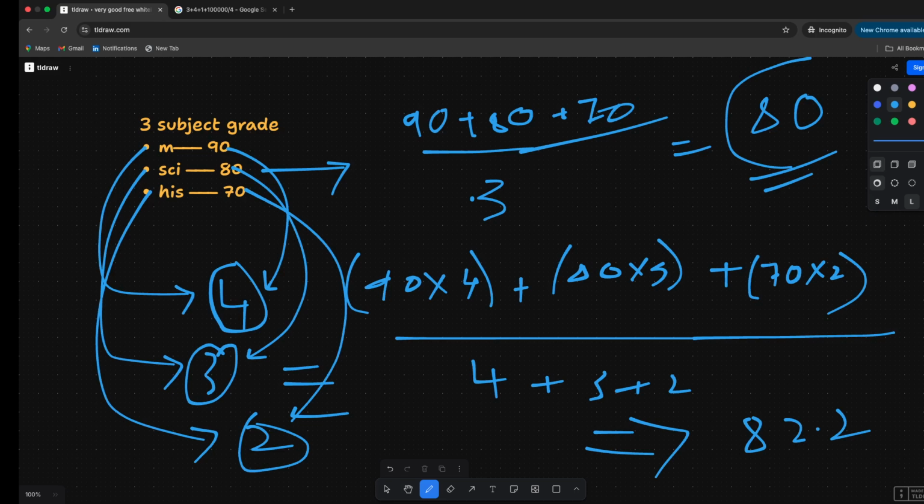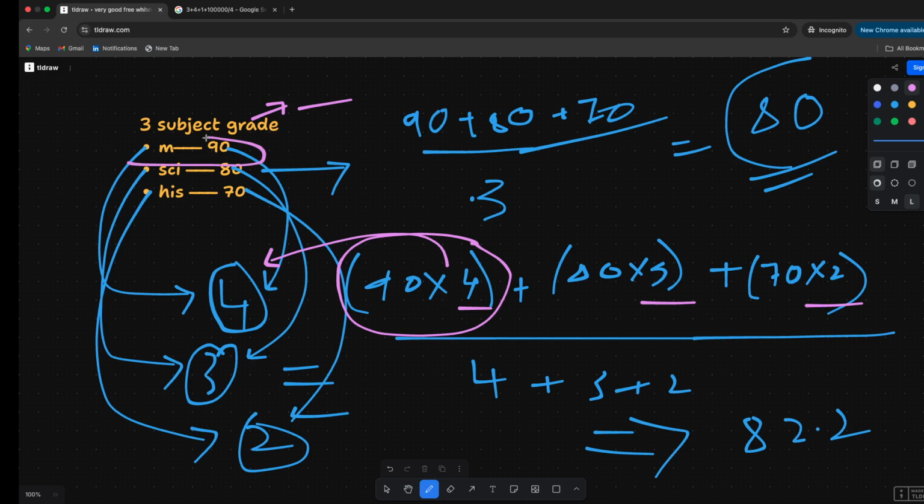Now here you can see that the mean is getting affected by the weights, right? The weighted mean takes into consideration which subject had the most utilization, or the most contribution towards his grade, towards his marks, whatever percentage he got.